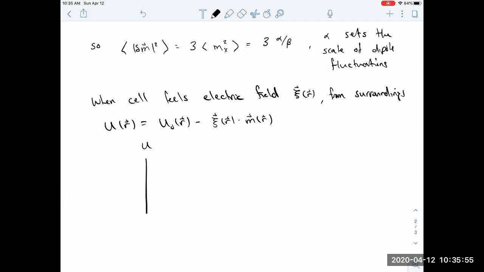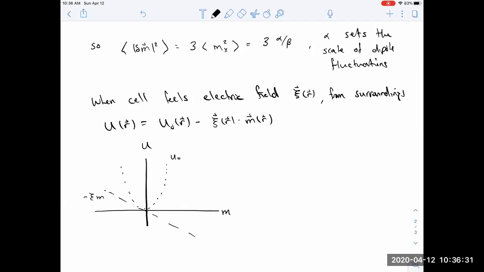Graphically, the implication of adding an external field to this individual cell is to take the original parabolic function, U naught, and subtract from it a line with slope minus the field.